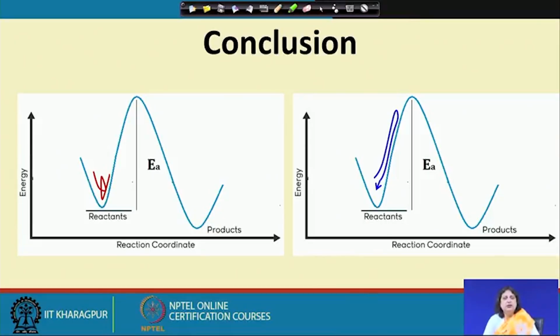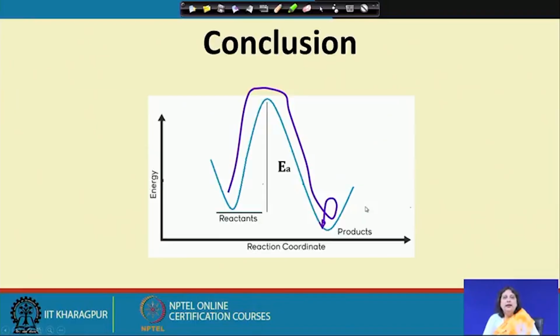So, with some accessible amount of kinetic energy, the system tries to climb up and then comes back again. And then finally, under certain conditions, very rarely, a trajectory can start from the reactant well, and according to transition state theory, it crosses the barrier and eventually settles in the product well.